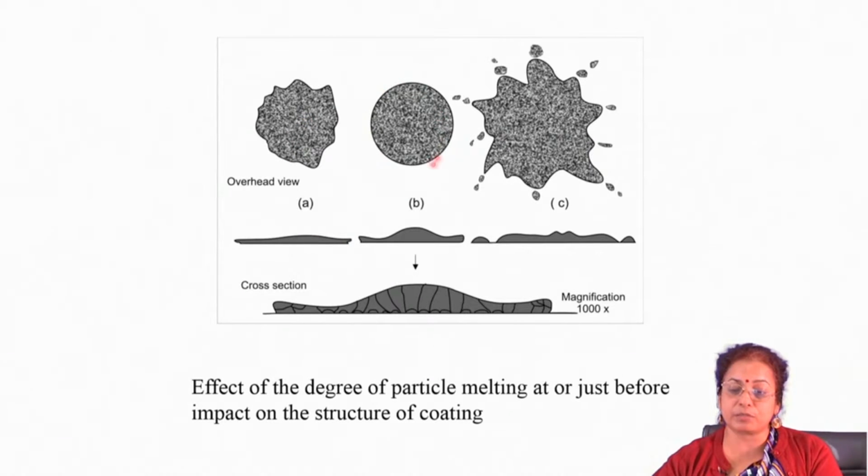On the other hand, if it is in molten state, then naturally it forms a perfect coating, as I showed in the earlier slide, where thickness is maximum in the middle and minimum along radial directions.